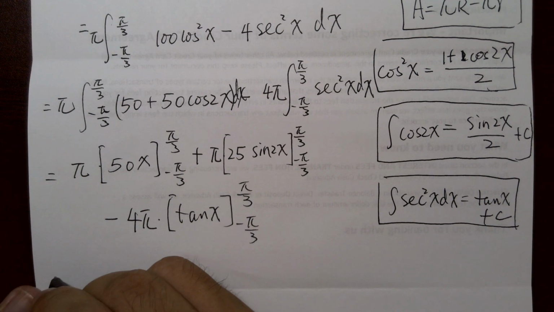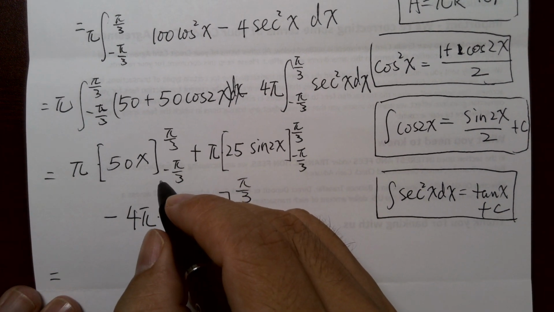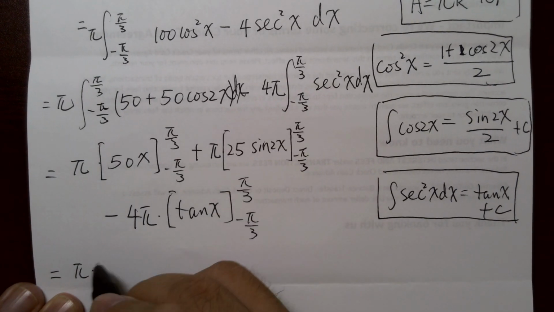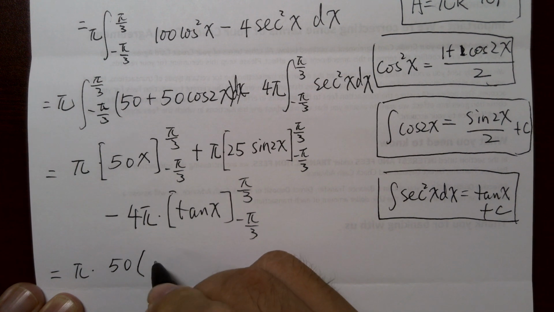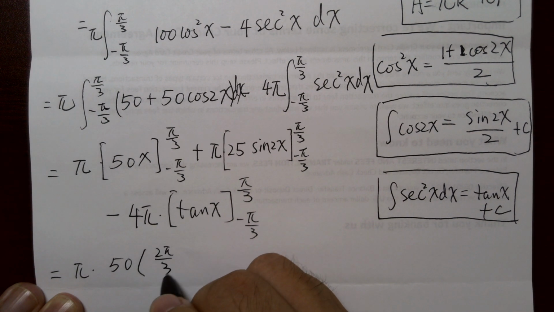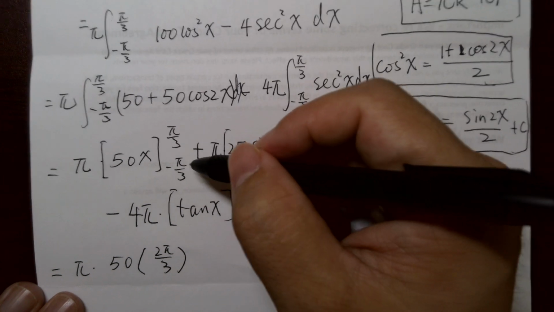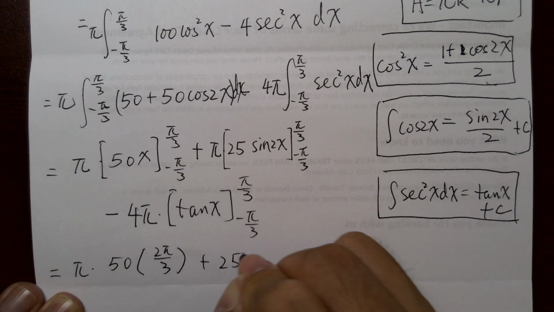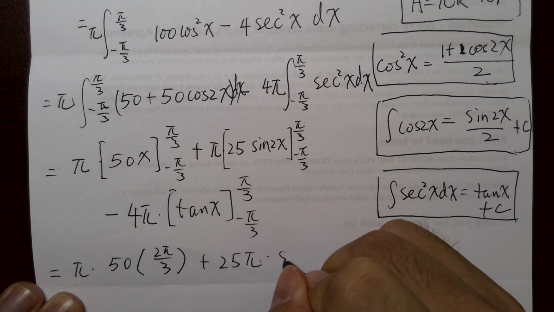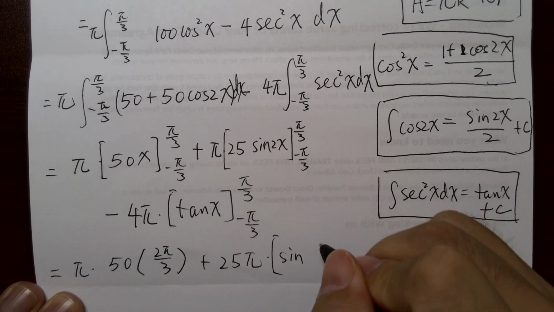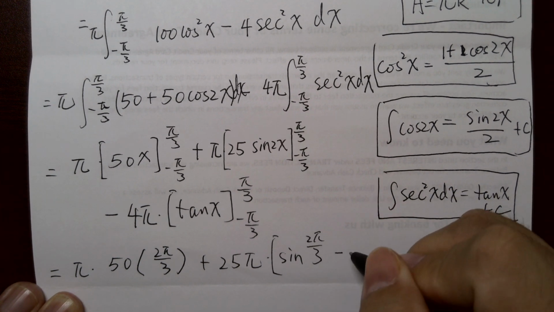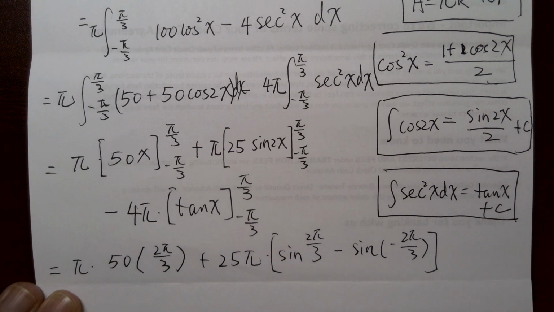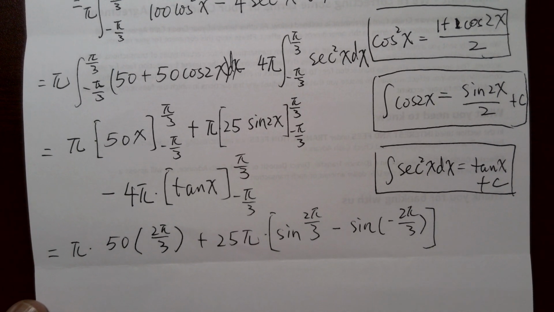Okay, that's almost the end of the problem. So you have pi times 50 times 2 pi over 3, because pi over 3 minus negative pi over 3 is 2 pi over 3. Plus 25 pi times sine of 2 pi over 3 minus sine of negative 2 pi over 3.